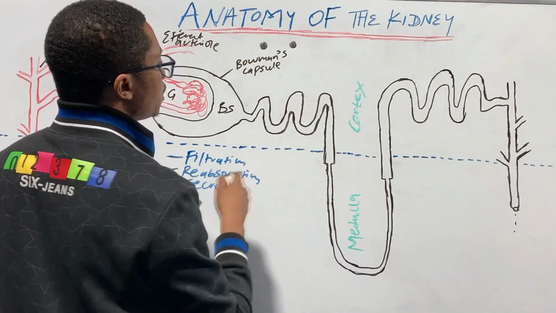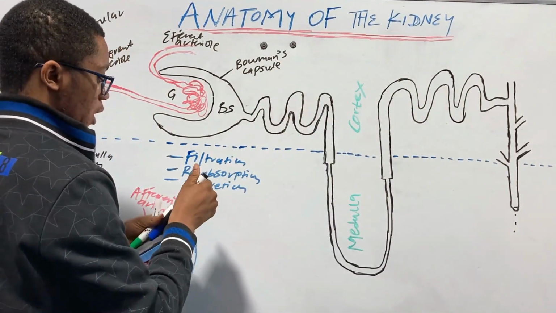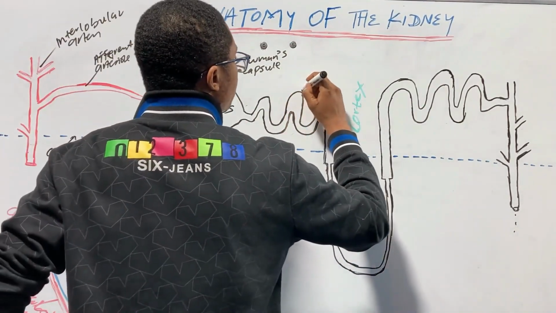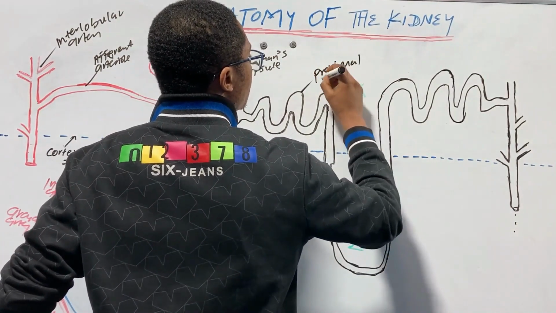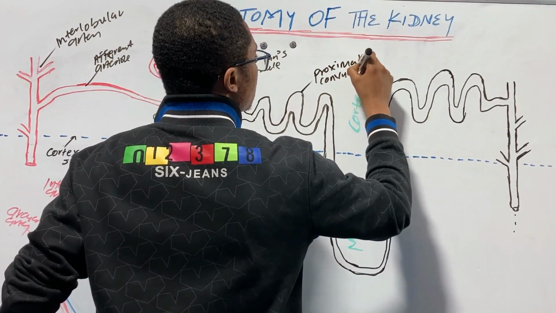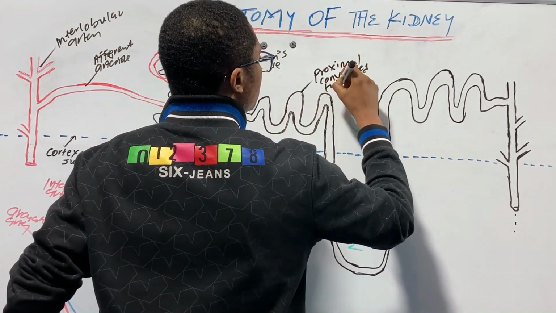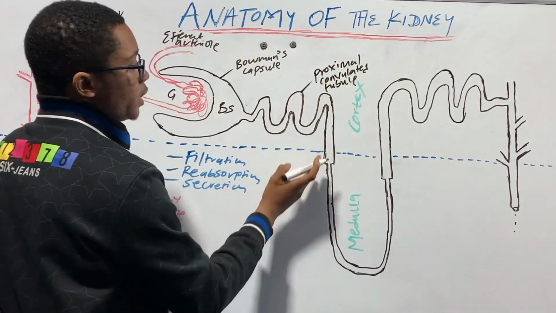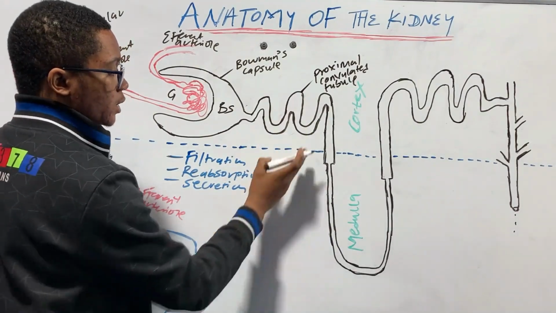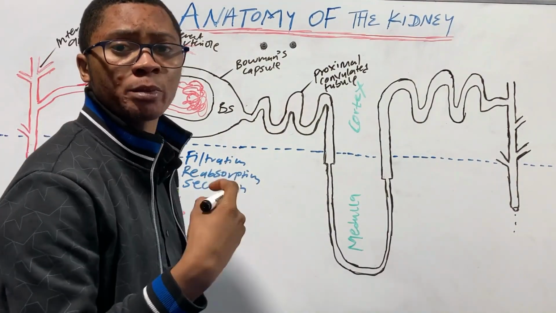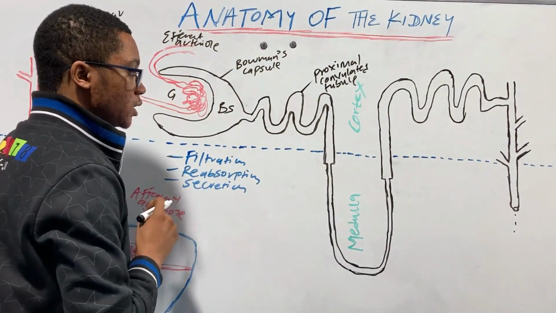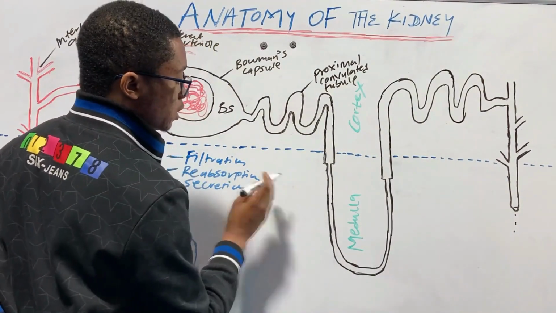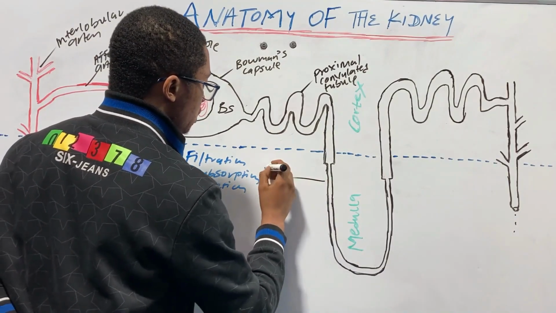This coiled structure here is known as the proximal convoluted tubule. Here is the descending limb, and the descending limb has two parts: the thick descending limb and the thin descending limb.